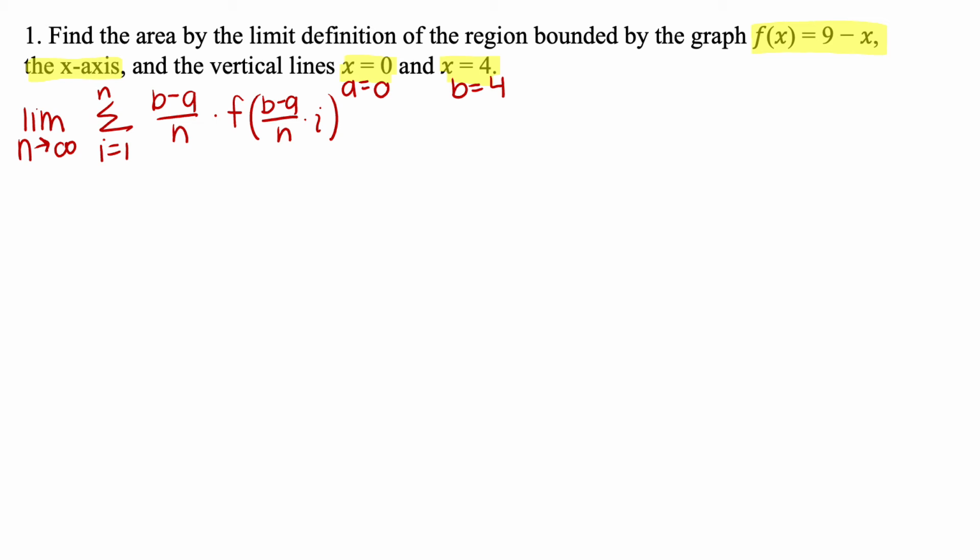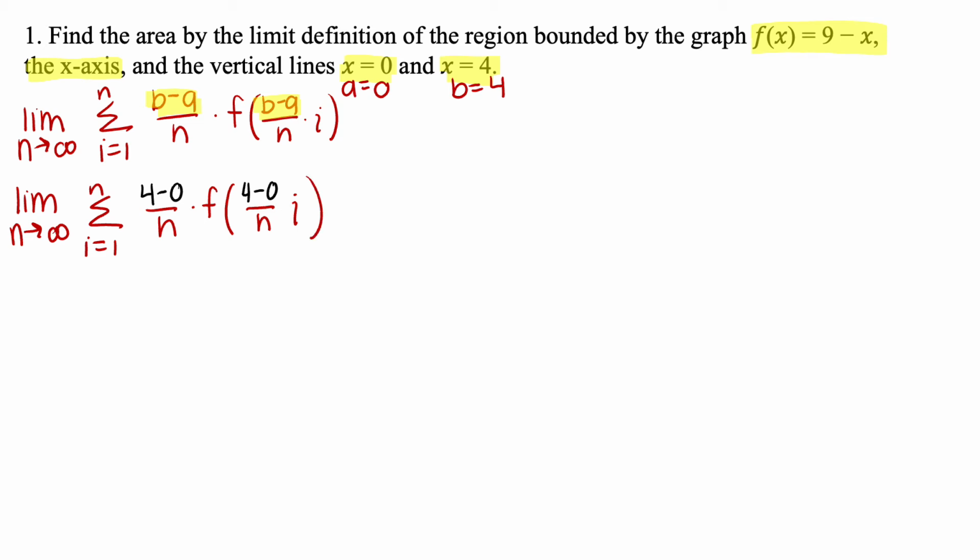Just like we did in the sample, I'm going to start by just plugging in my b minus a. So I'm going to keep my limit as n goes to infinity of the sum from when i equals 1 to n. And I'm just going to plug in my 4 minus 0 over n times f of 4 minus 0 over n times i.